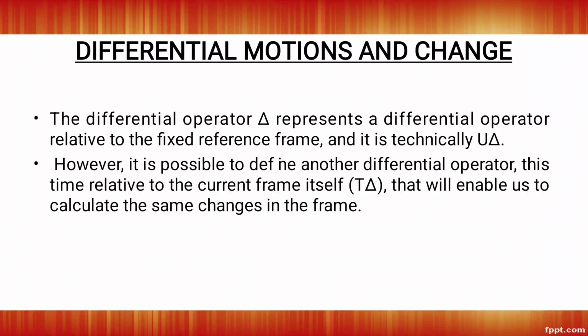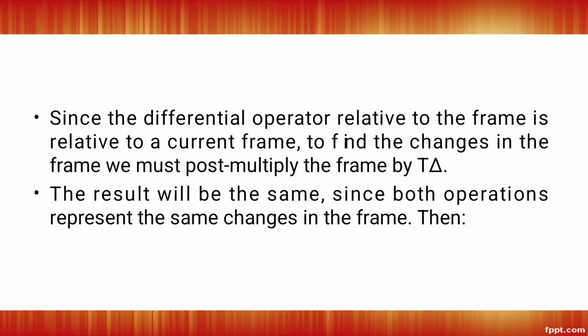Next is change measured from the current frame, that is T del, how much the frame changed as seen from itself. Motion is the same change, but the point of view is different. T is the transformation matrix, which tells the position and orientation of the current frame.